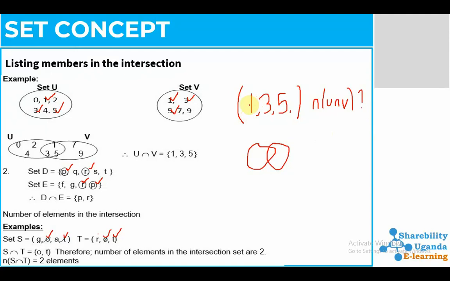How many are these? We say 1, 2, 3. So the number of members in set U intersection V is equal to 3. So that's how they can do this intersection set.